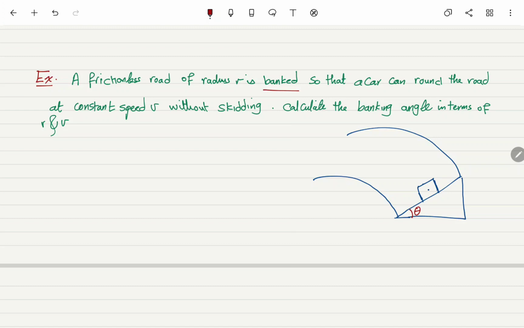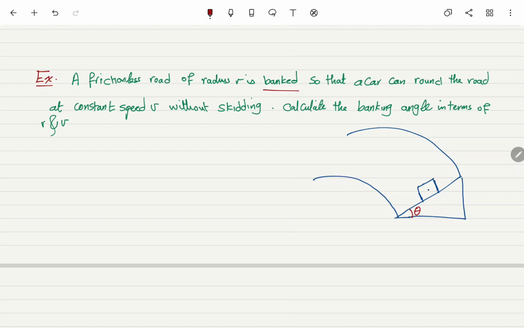So the car can round the road at a constant speed v without skidding. Now remember, there is no friction on this road, it's a frictionless one. Calculate the banking angle in terms of r and v. So we are looking for this theta here.